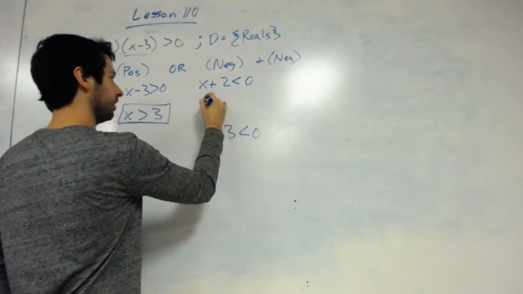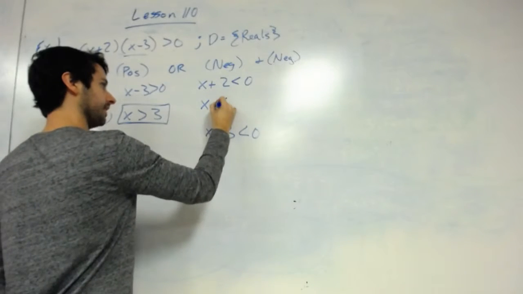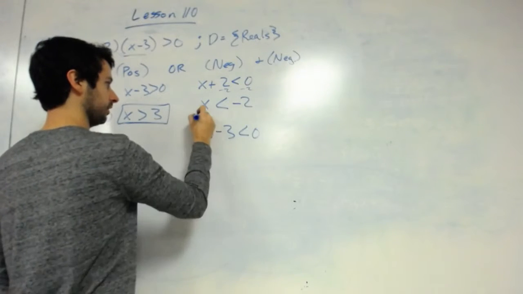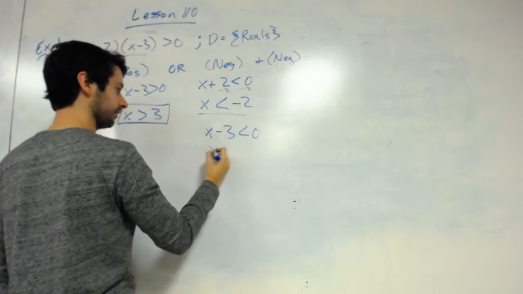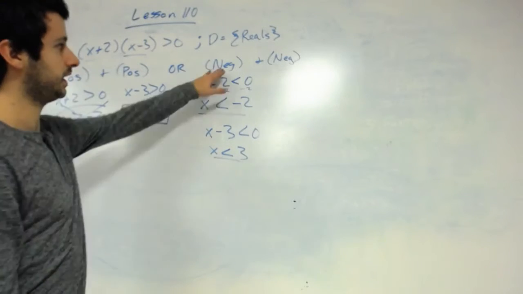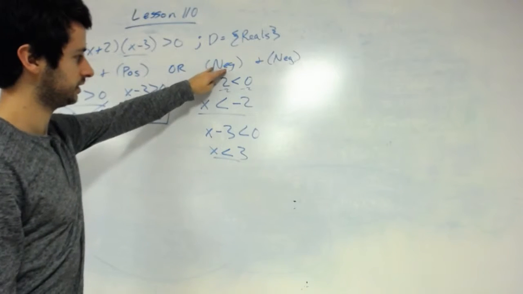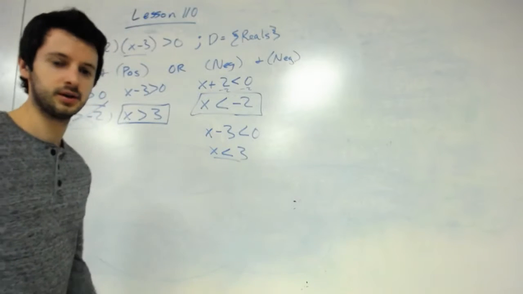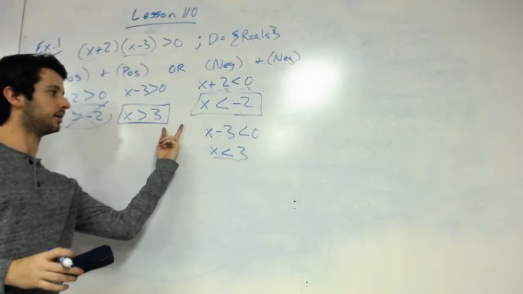So we solve and get x is less than negative 2, and then x is less than positive 3. Remember, we need a negative solution, so x less than negative 2 would satisfy that. So these two satisfy what we are trying to do.